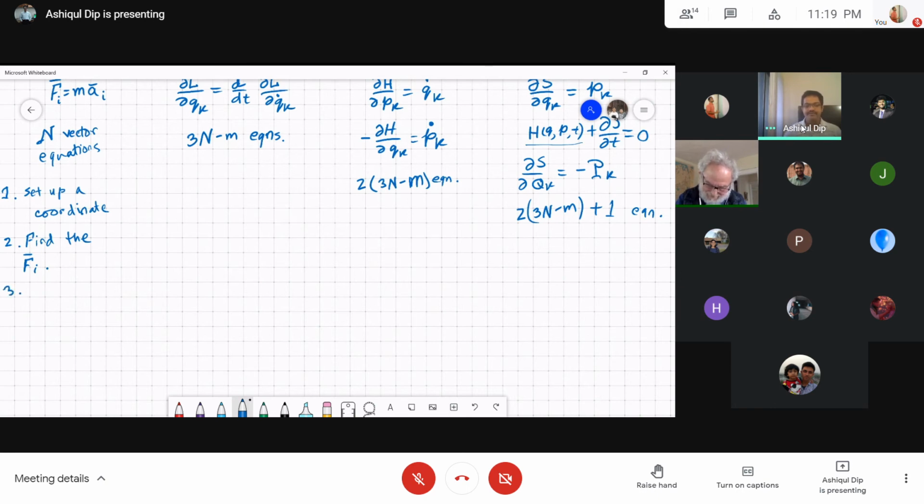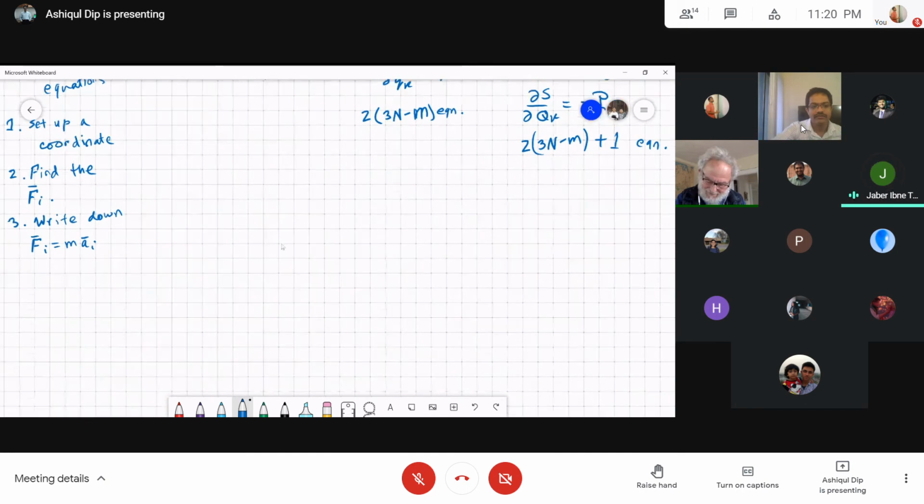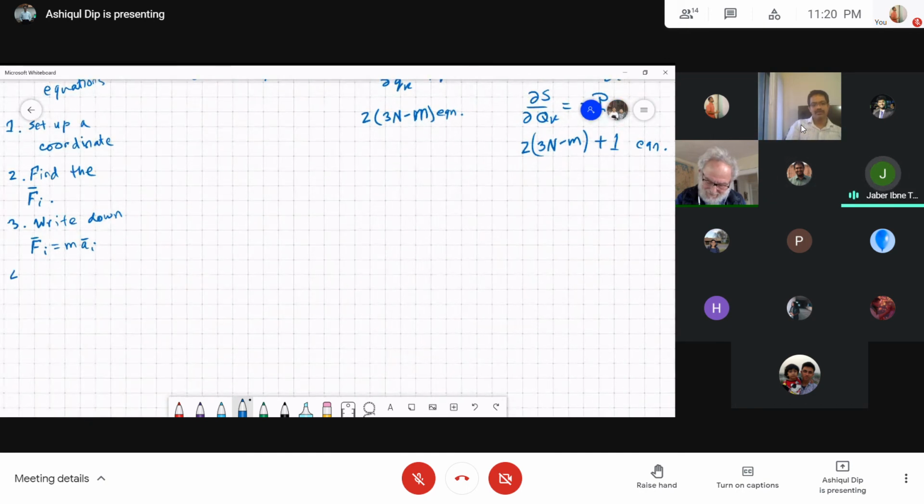Okay, then what's the next step? Writing the equations, vector equations. Write down F equal ma, right? And then we can solve it by resolving that equation in that particular coordinate system.